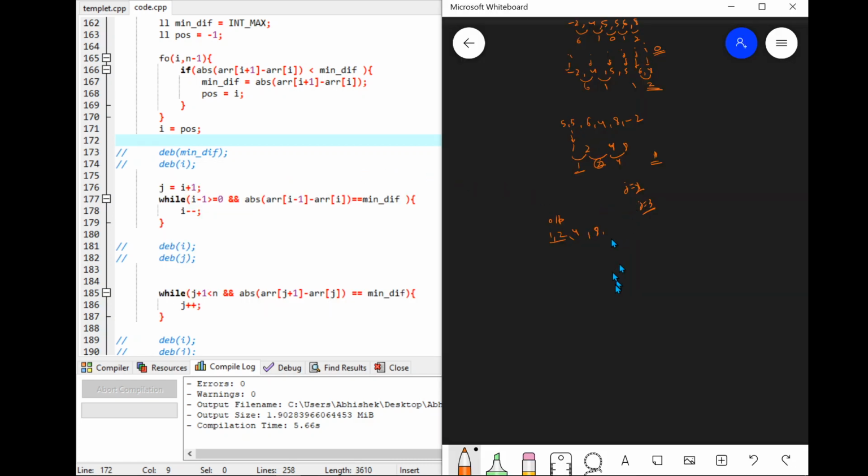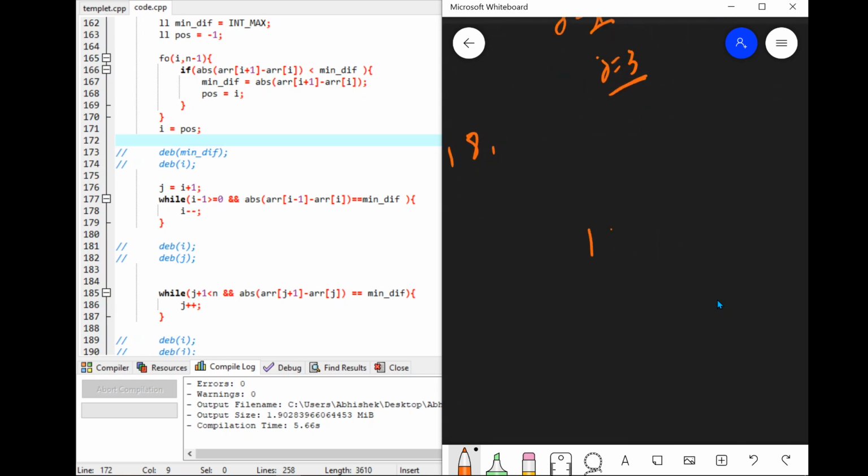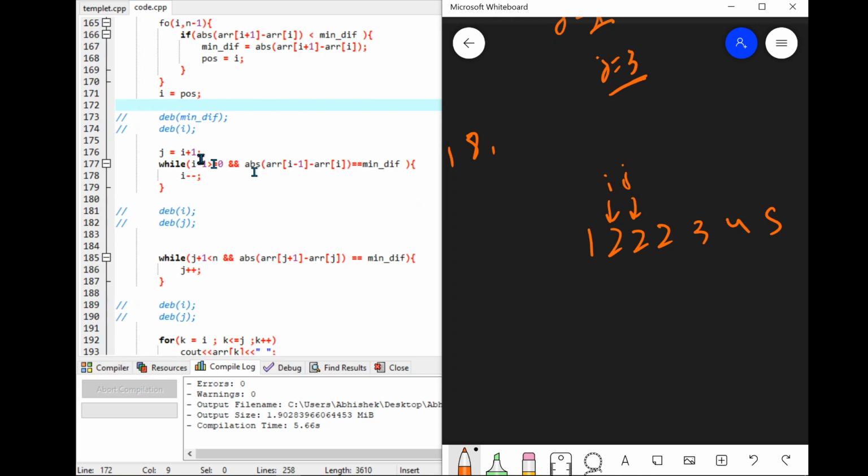Suppose let's take some small example to understand it better. Let's say it's 1 2 2 2 3 4 5. So the I would be here after this loop, and the J after this loop would be here.